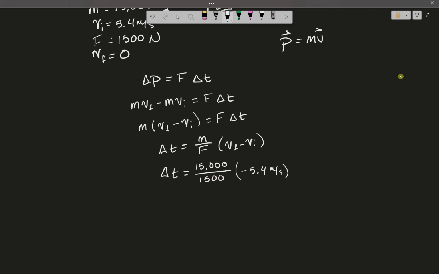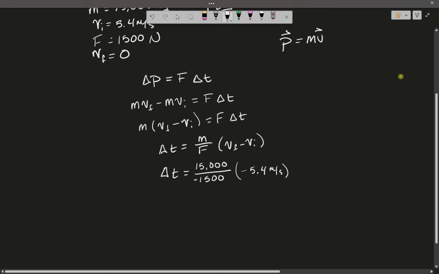And I would like to note that even though the problem statement doesn't say this, this needs to be a negative force. Because if I think about this, I have a train car, it's moving forward with some velocity, right? So we have a velocity initial, and at some point in time, it is going to stop with a velocity final.